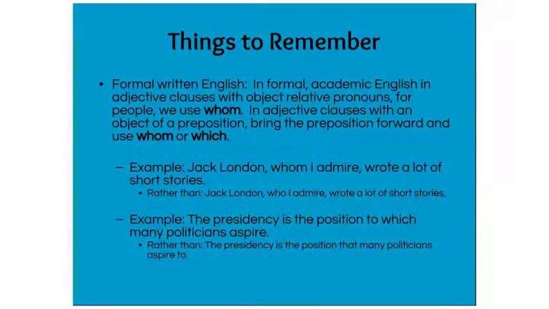Now in formal written English, academic English, adjective clauses that have object relative pronouns for people use whom. And I know it sounds very formal, and it is. And in adjective clauses with an object of a preposition, we have to move that preposition forward and we use whom or which. So that looks like this.